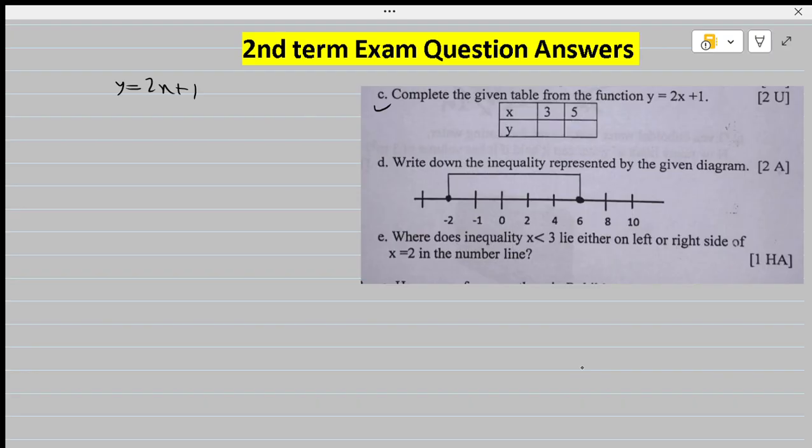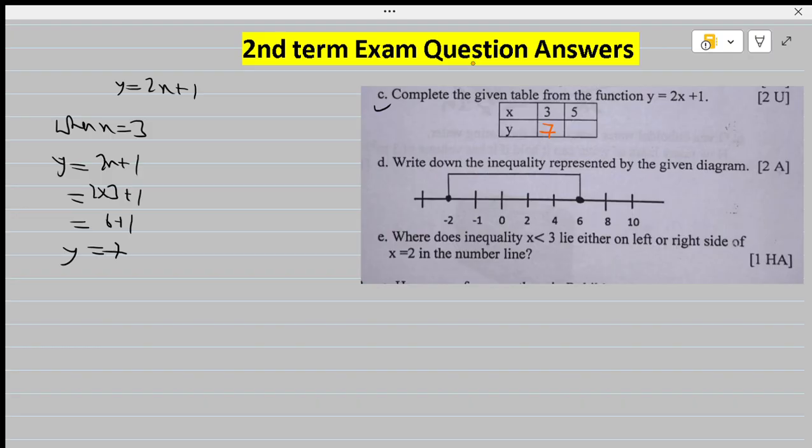First, x is given as 3. When x equals 3, y equals 2 into 3 plus 1, so 6 plus 1, that is 7. So when x is 3, y equals 7, and you place 7 as the value of y.